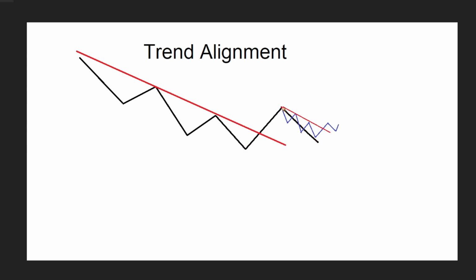Now, if you look at this pullback here and you dissect it by using fractals, by going down a time frame, and let's just say this is a weekly chart where we broke the downtrend line and then we pulled back, and then you go to a daily chart and you can see it's actually making lower highs and lower lows on the daily chart.